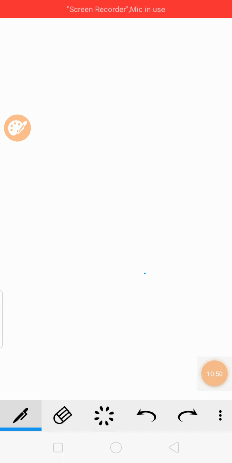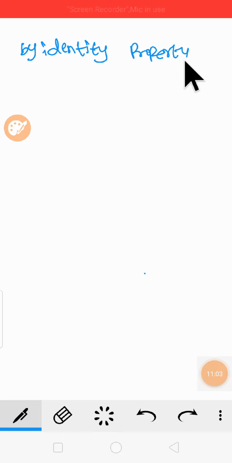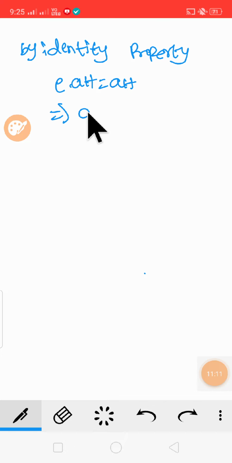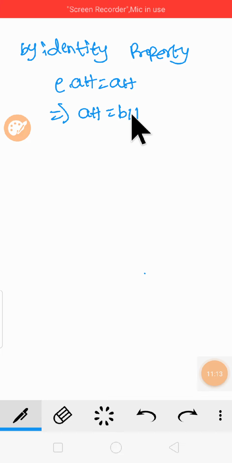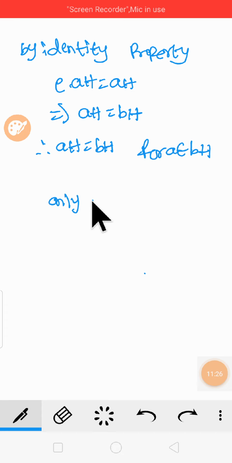Again we use the identity property, e times aH = aH, implies aH = bH. Therefore, aH = bH for a belongs to bH, the only if condition is true.